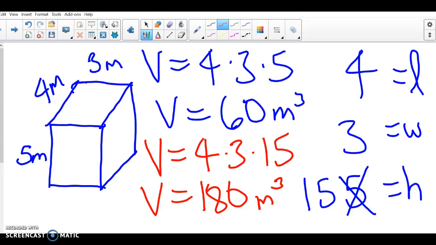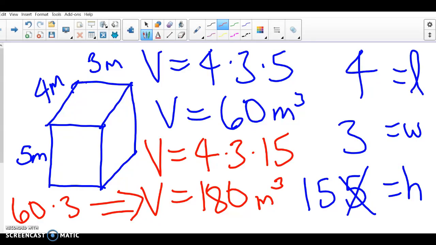So we tripled the height and we got 180. So quickly, and we can do this mentally, 60 times 3 is going to give us 180. So notice our volume is now also tripled. When we triple one of the dimensions, the volume triples.